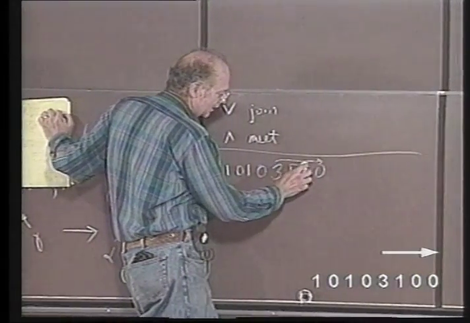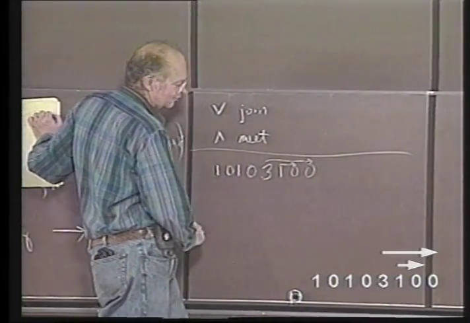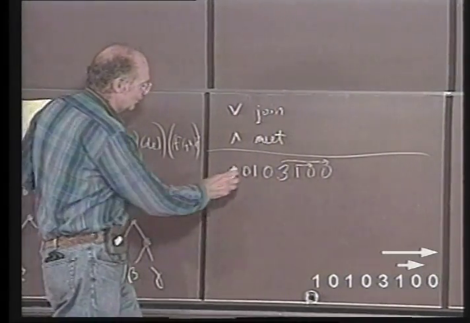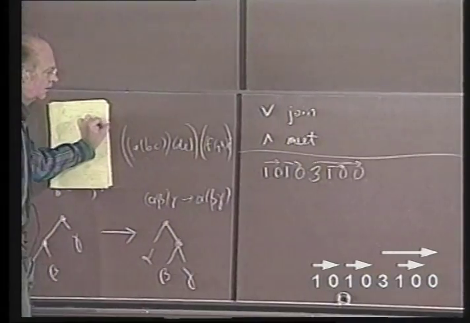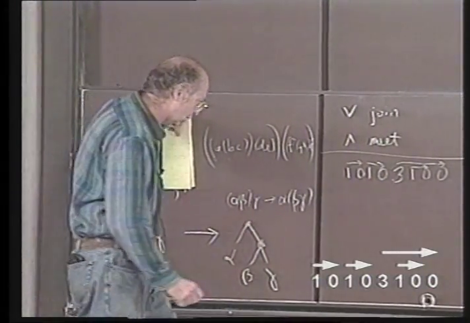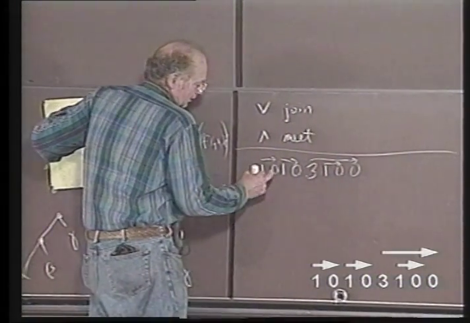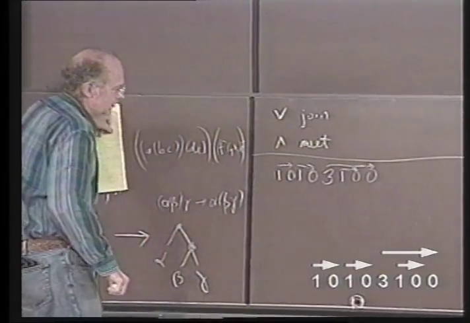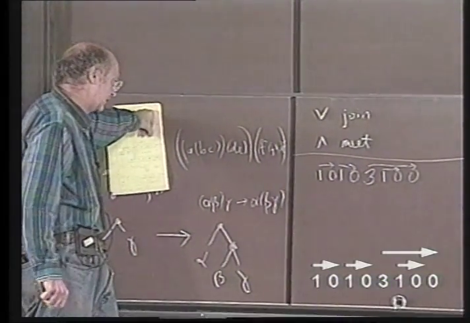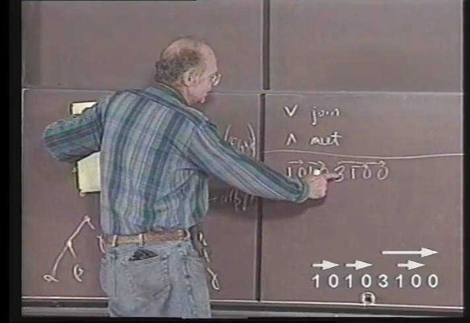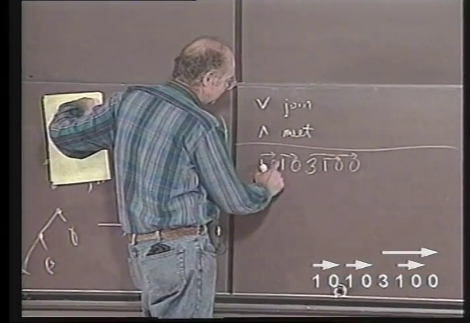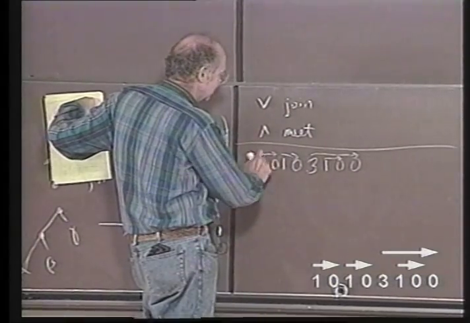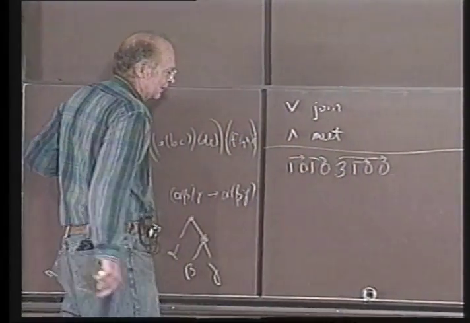Similarly, this one protects that 0 here. This one's going to cover this 0. This one's going to go like that. I claim that the root of the tree is going to have to be this one, and that these are two subtrees that hang off to the left.